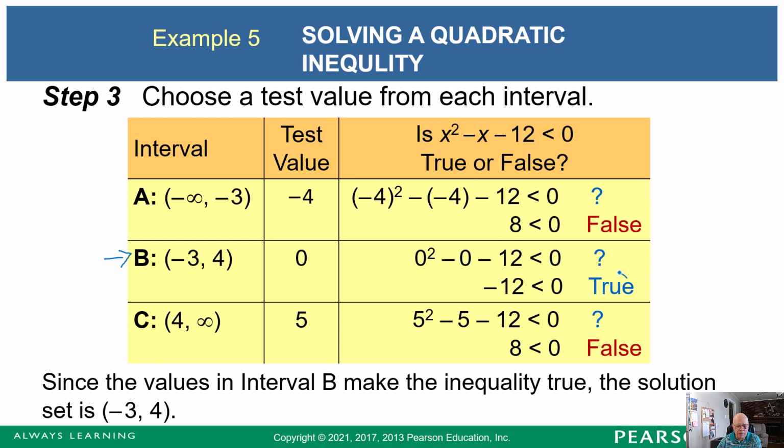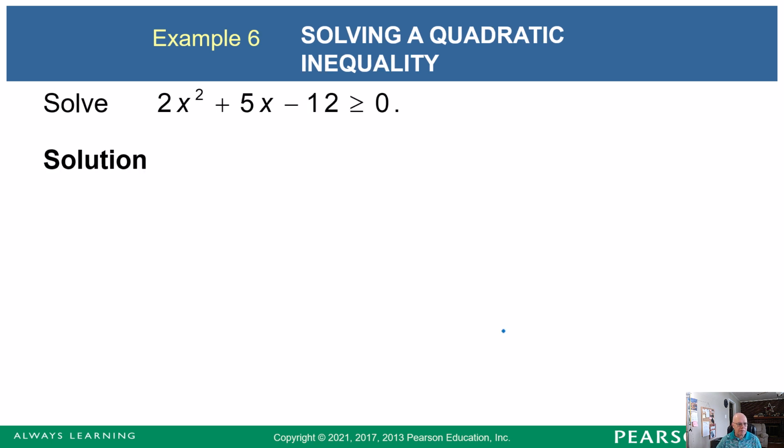Good. It made a true statement. If we'd picked something back here, say a negative 4, that wouldn't work because that's a false statement. If you had picked one to the right, like a 5, and put 5 in for x, again, doesn't work. So interval B was the one for us.